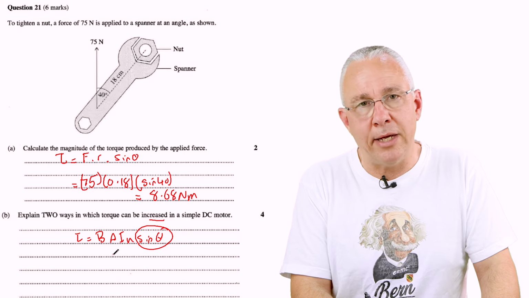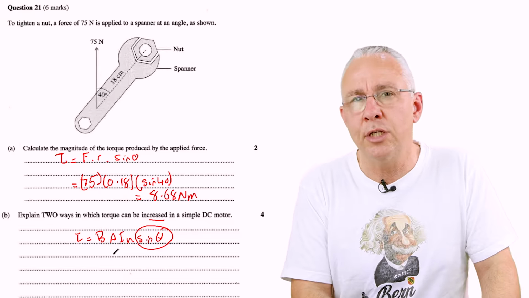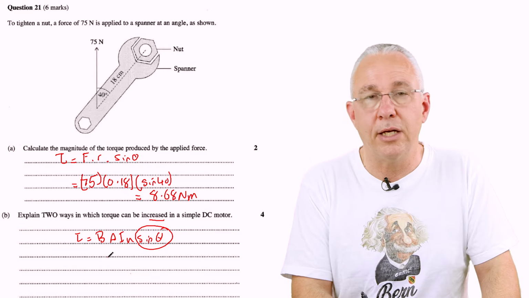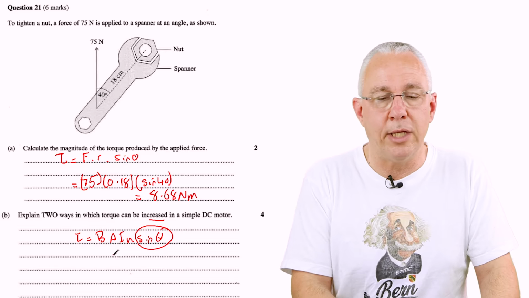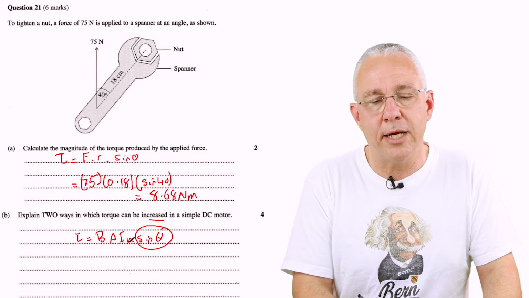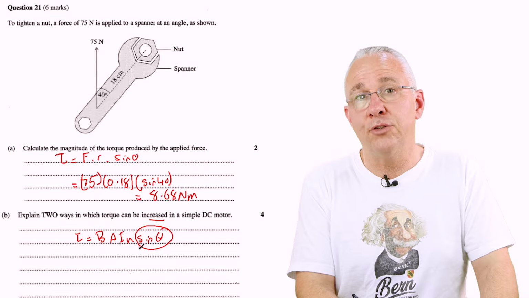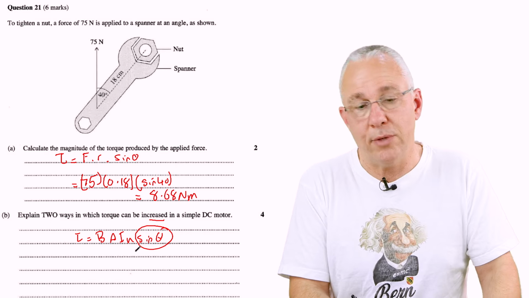The cross-sectional area, that is the dimensions of your loop, whether it is increasing the radius of turn or increasing the length of the wire that goes through the magnetic field. Either way, we're increasing the cross-sectional area. We can talk about increasing the current. Of course, the force is dependent on the current. And finally, every single turn multiplies the strength of the torque. And so there's your answer.